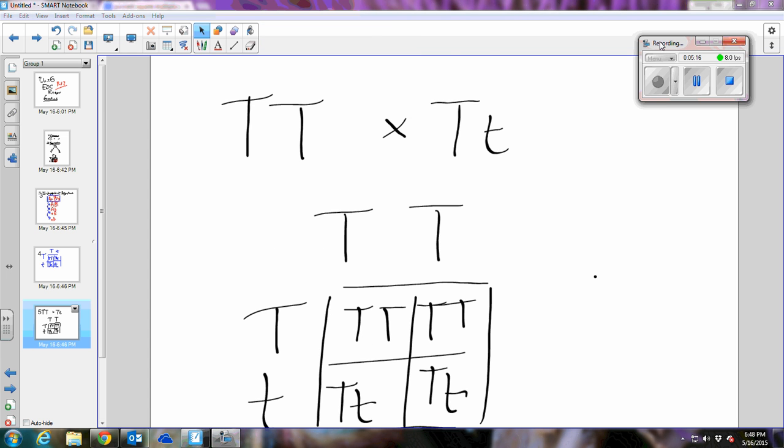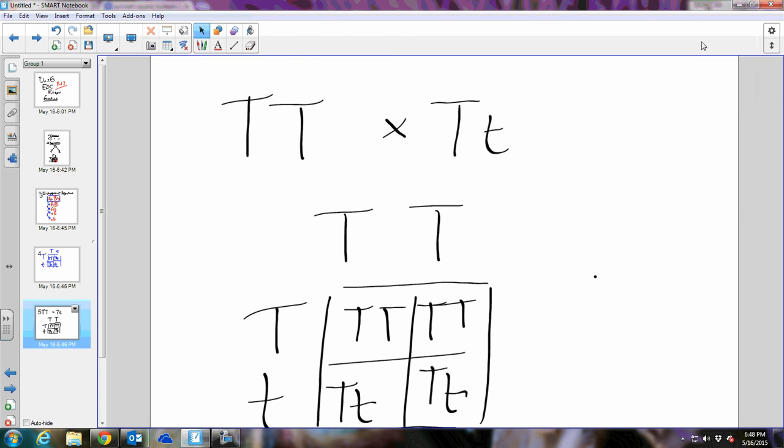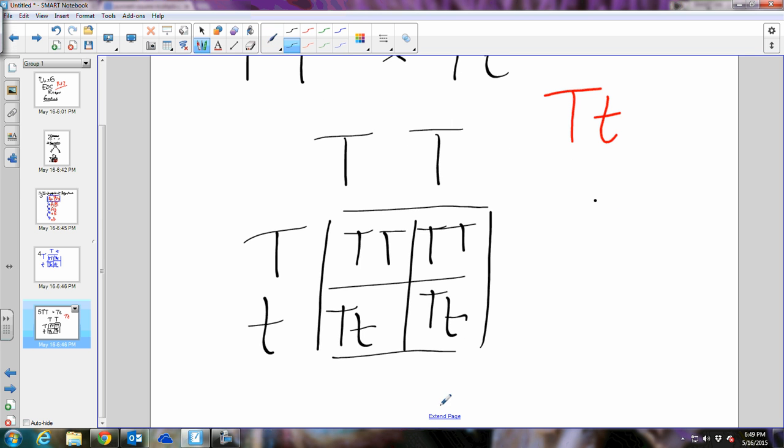chance. Now, another way to figure that out is through the rule of multiplication. Now, what does that mean? Well, if I want to figure out what is the percent chance that this will happen, I can simply do a little bit of multiplication of fractions. And so let me show you.